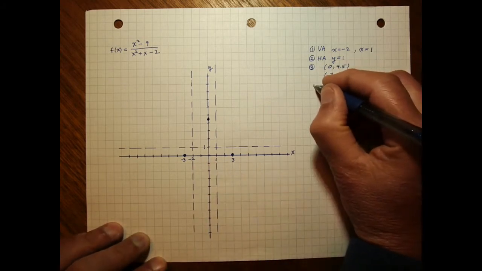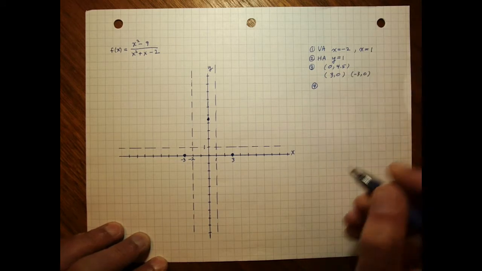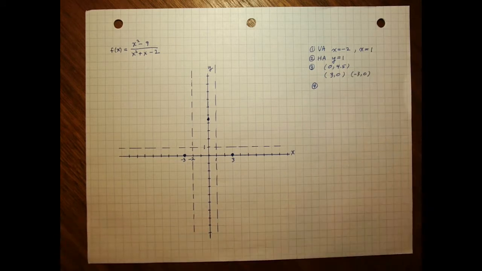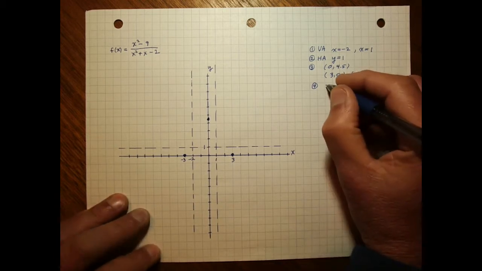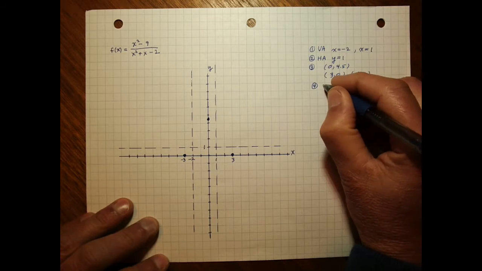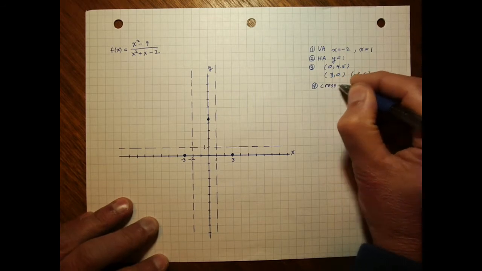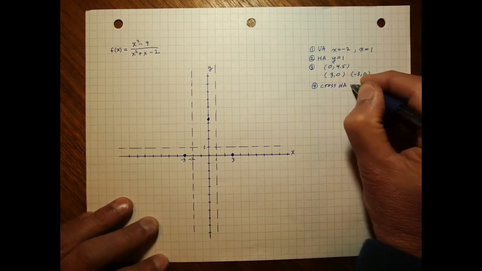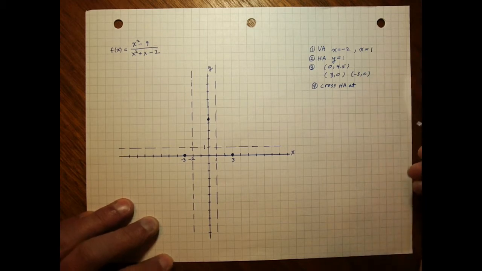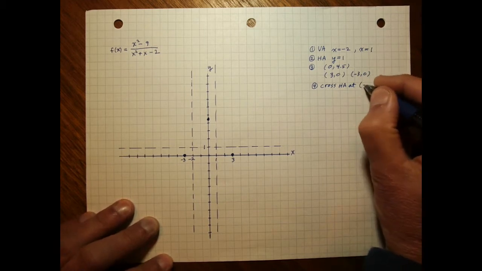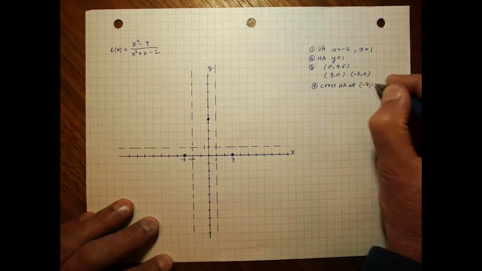We also found out that there's a point where the graph crosses the horizontal asymptote. And we cross the horizontal asymptote at the point (-7, 1).